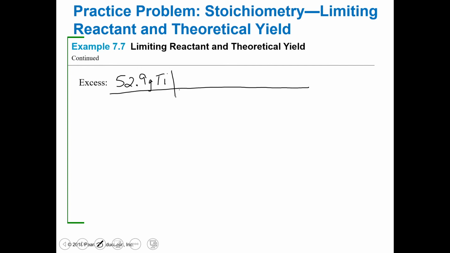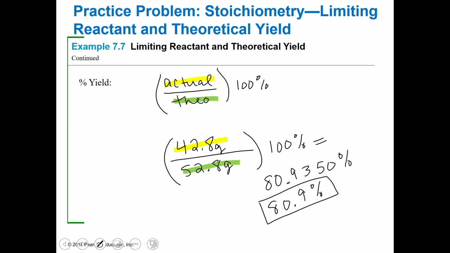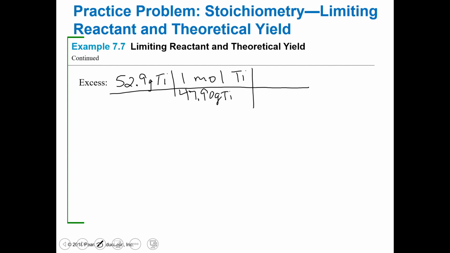So it's 47.90 grams of titanium to 1 mole of titanium. I need to go back and look at my balanced reaction to see that it's a 2-to-1 ratio. So it was 2 moles of carbon to 1 mole of titanium.